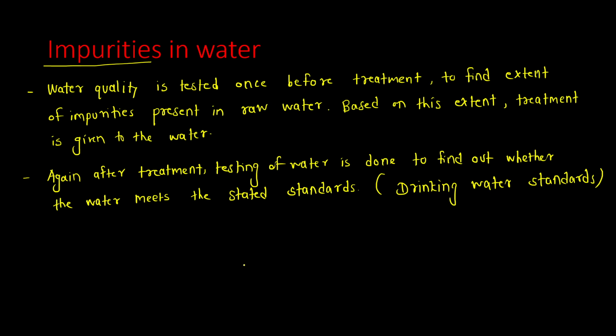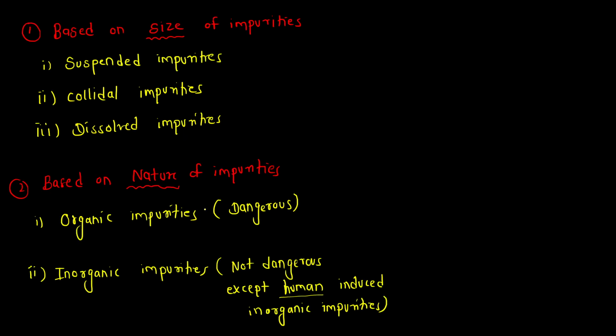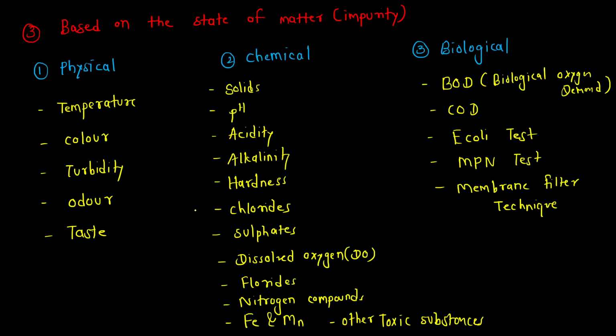The whole chapter on quality of water revolves around these impurities. Basically, we have to study all these impurities and their acceptable limits. If we take the example of pH, what do you mean by pH, how do we calculate the pH of water, and what should be the ideal range of pH in drinking water?